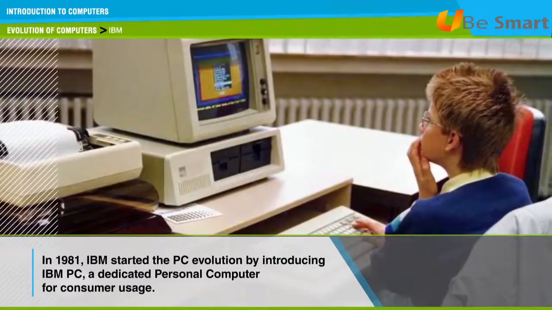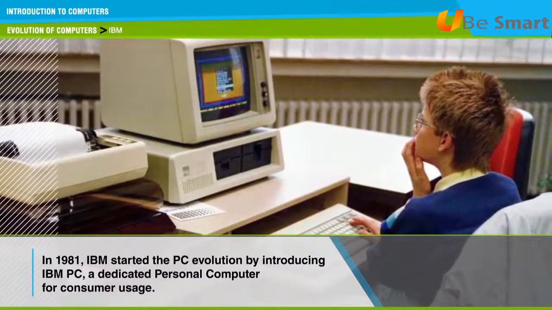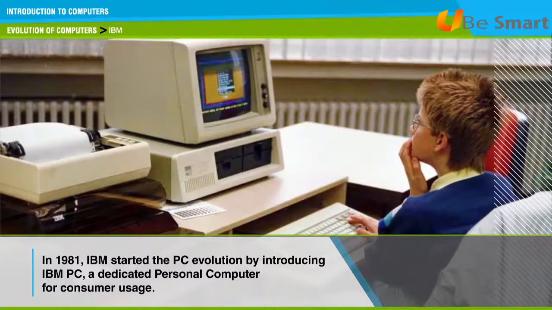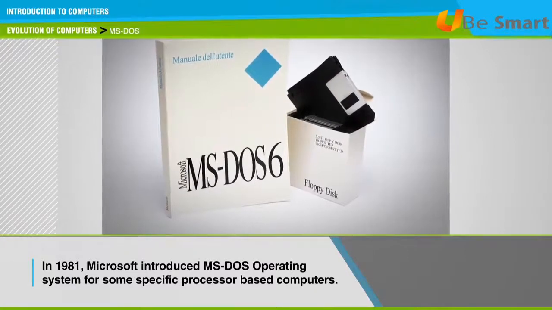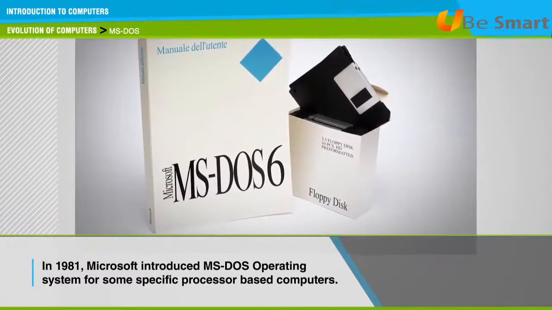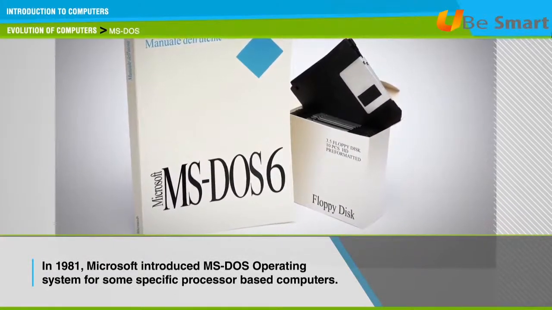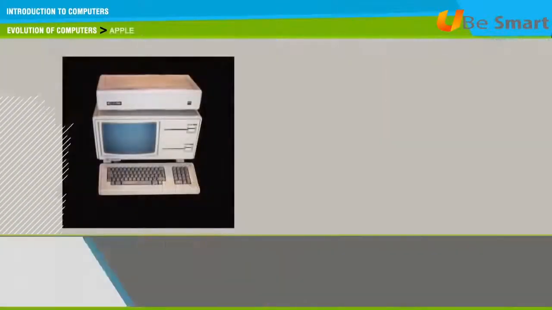In 1981, IBM started the PC evolution by introducing the IBM PC, a dedicated personal computer for consumer usage. In the same year, 1981, Microsoft introduced the MS-DOS operating system for some specific processor-based computers. After its widespread usage, it became the operating system of the century.